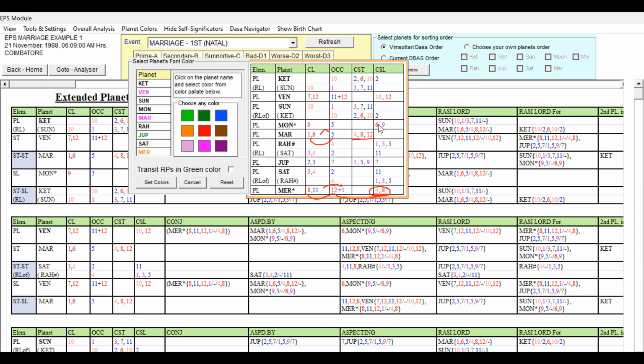So it is having more favorable grouping, but because of the 6th sublord, it is not going to be completely favorable, but still 9, 5, 9 is on the favorable side. What we can do, we can give the Moon the blue color. It means it is having more favorable grouping, with one unfavorable also present.